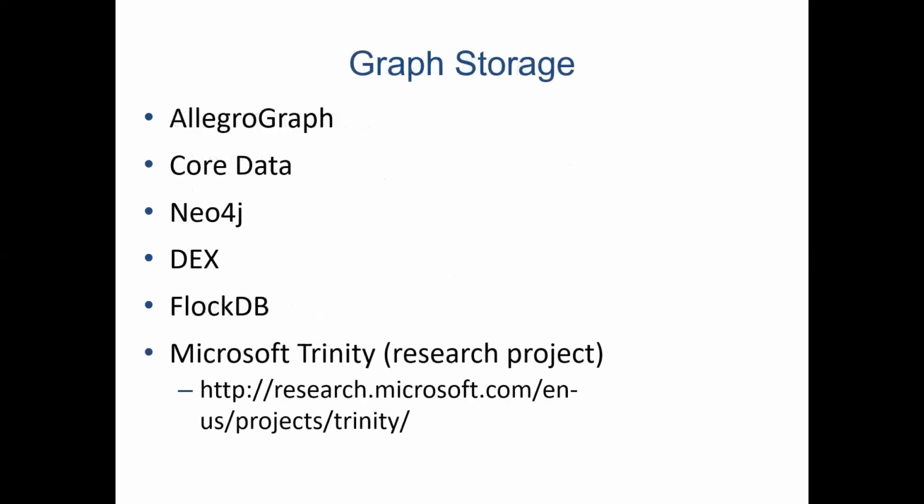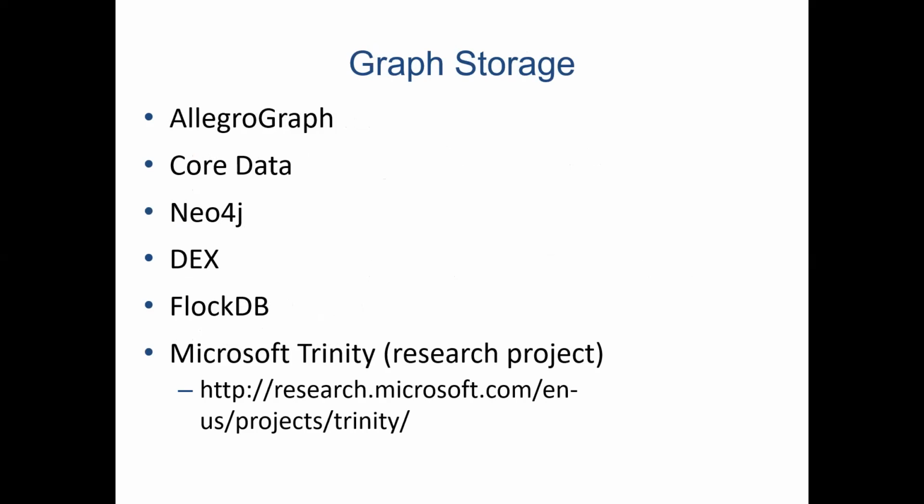The second storage is the graph storage. Graph storage is also one of the types of NoSQL database systems, where some example software are AllegroGraph, Core Data, Neo4j, Dex, FlockDB, and Microsoft Trinity.